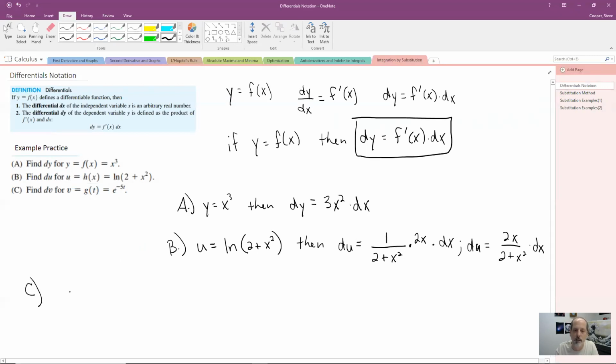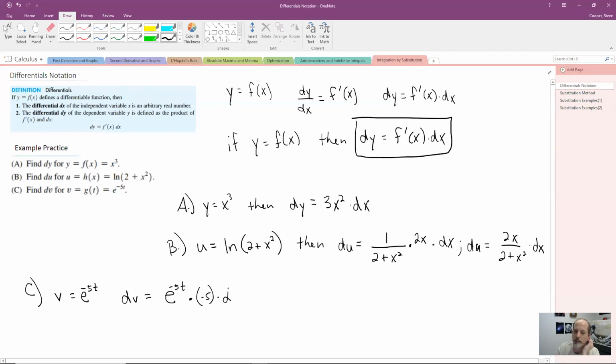Let's do one more. Let's say that v is defined as e to the negative 5t. Okay, so the variable of integration is always on the right-hand side of this. So we're going to say dv equals e to the negative 5t, and then by the chain rule, that's the outer derivative. Now multiply by negative 5.